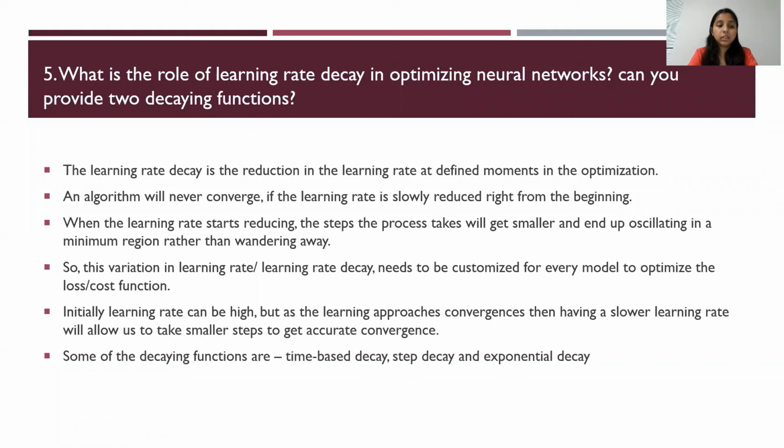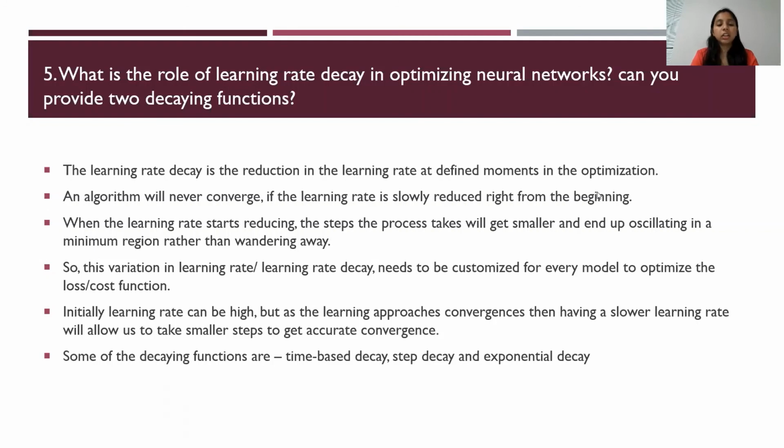So the fifth question is, what is the role of learning rate decay in optimizing neural networks? Can you provide two decay functions? So the learning rate decay is a reduction in the learning rate at defined moments in the optimization. An algorithm will never converge if the learning rate is slowly reduced right at the beginning. When the learning rate starts reducing, the steps the process takes will get smaller and end up oscillating in a minimum region rather than wandering away.